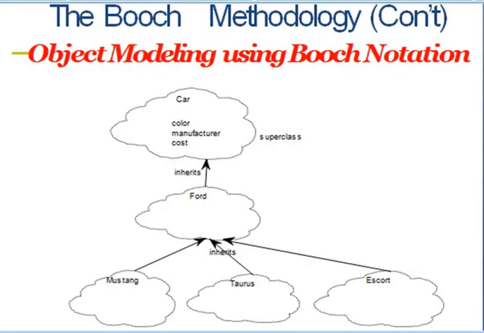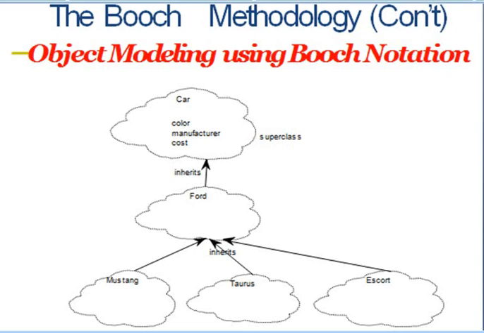Here, notation is given, object modeling using Booch notation. This arrow represents the specialization. For example, the class Taurus is a subclass of the class Ford.